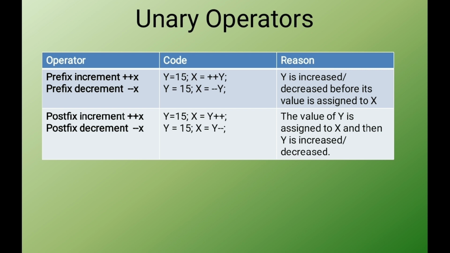Prefix operator helps you to increment the value first and then execute the value. First the value gets incremented and then it gets executed. In the case of postfix, the value is executed first and then the value is incremented or decremented.